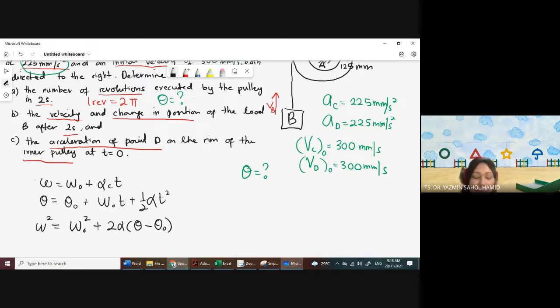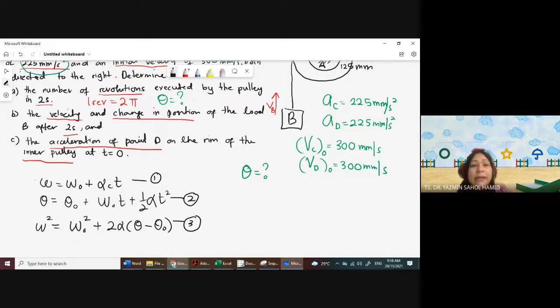Daripada formula mana kita nak dapatkan alpha? You nak pakai formula mana? Kalau you tengok ada 2 formula je yang ada theta. Let's say this is formula number 1, formula number 2, formula number 3.